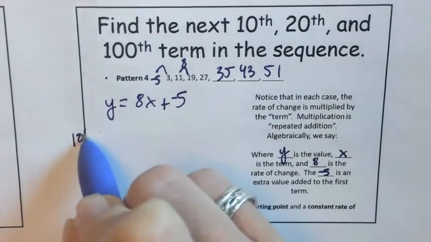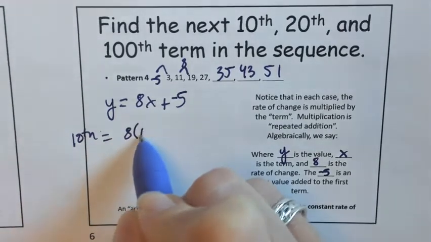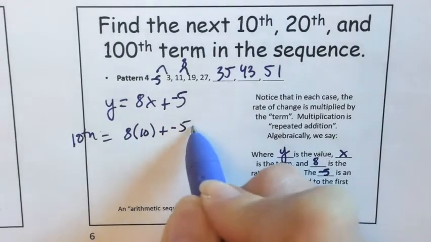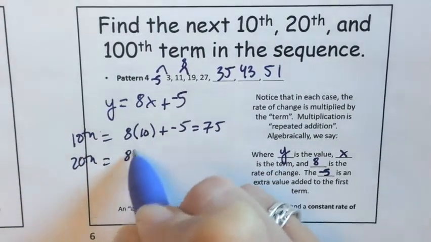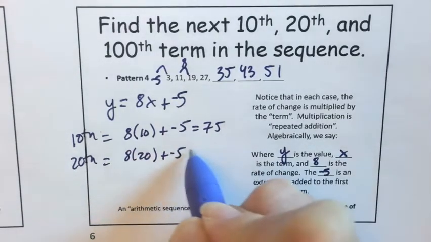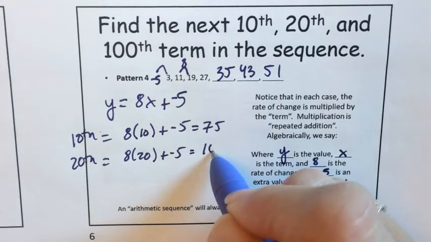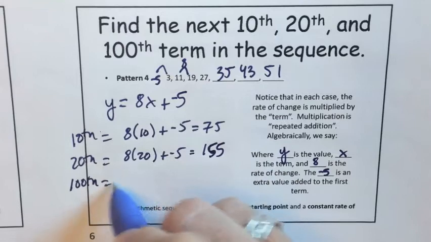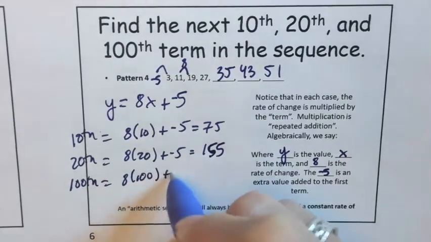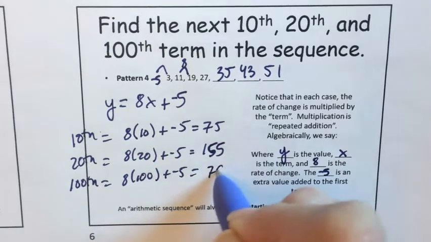So for the 10th term, it would be 8 times 10 plus -5, which would be 75. For the 20th, it would be 8 times 20 plus -5, which is 160 minus 5, 155, almost put 65. And for the 100th, it'd be 8 times 100 plus -5, which is 800 minus 5 is 795.